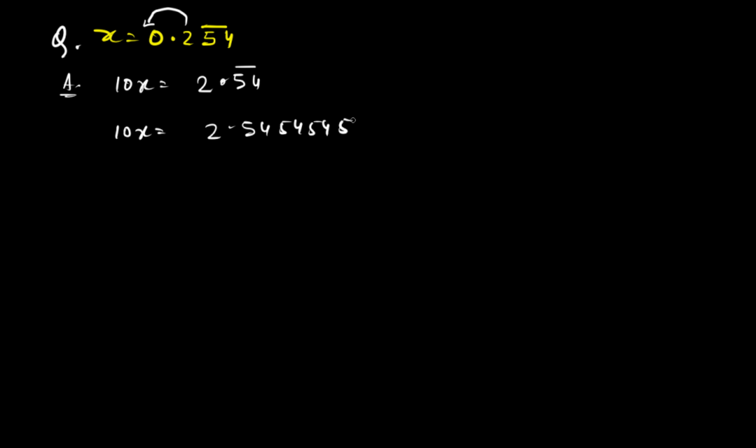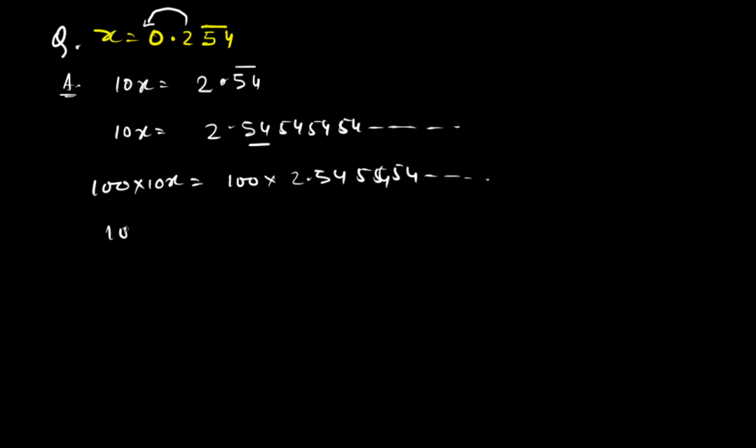You multiply this by how much? 100, because we have two digits with a bar. So 100 times 10x, not 100 times x, it's 100 times 10x, and 100 times 2.54545454 and so on. So that means we have 1000x equals 254.545454 and so on.